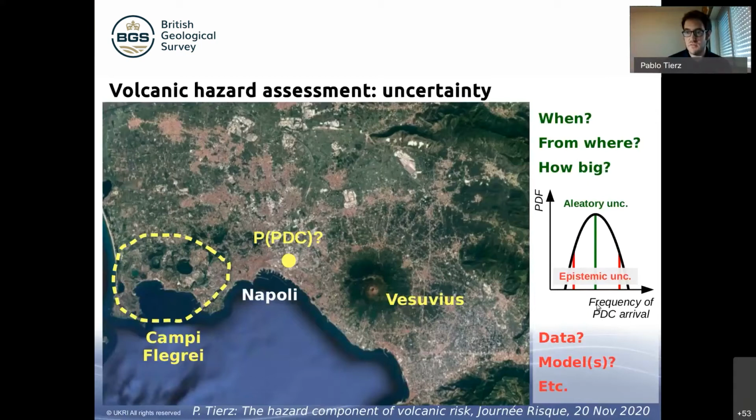And so a single value of the variable, for instance, a central value of the distribution, like the mean or the median, is a measure of aleatory uncertainty, but the whole distribution, for instance, the dispersion of the frequency of PDC arrival around this central value, is a measure of epistemic uncertainty.